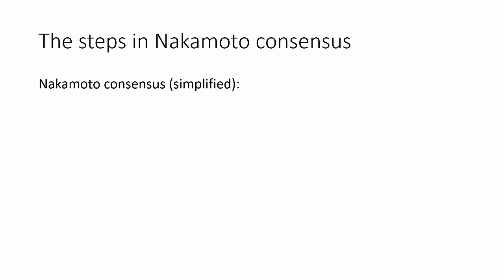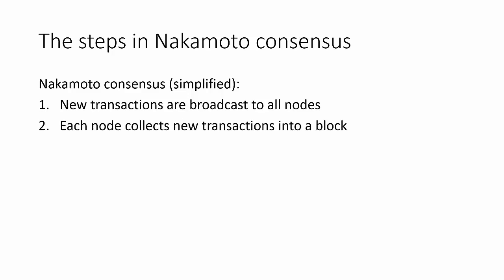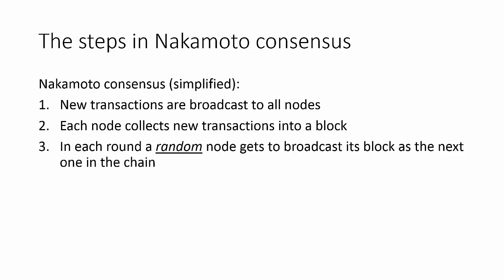Let us examine the steps in the Nakamoto consensus model. 1. All nodes broadcast transactions they learn about to their neighbors. 2. Each node collects new transactions into a block. 3.